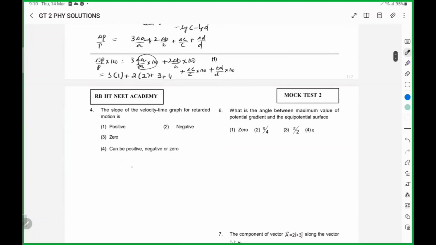The slope of a velocity time graph. So here velocity time graph, tan theta is v by t.